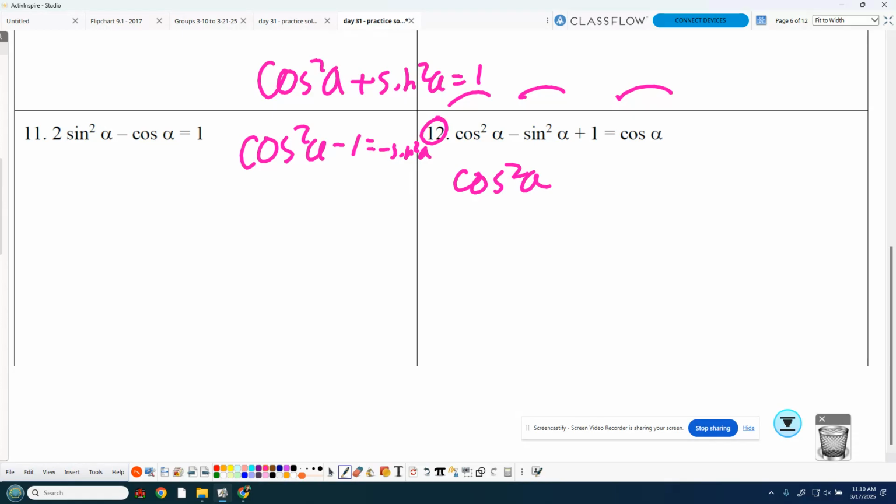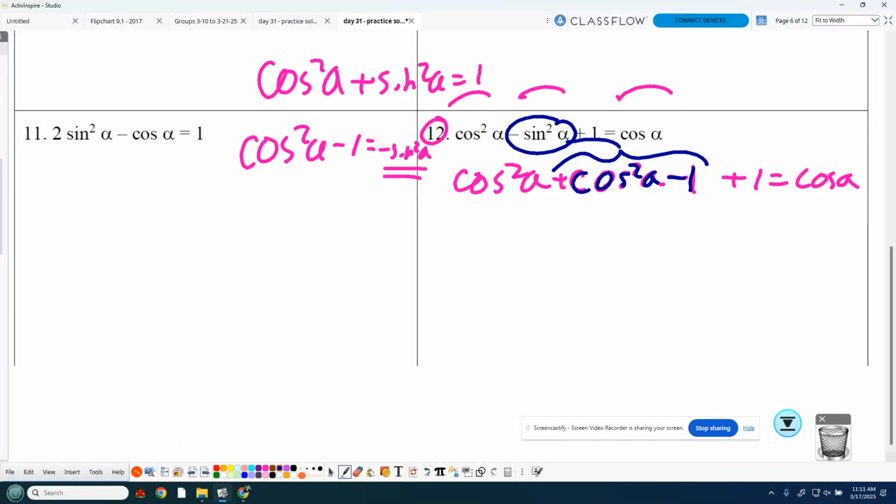So Ahmed, here's your start. Negative sine squared is cosine squared minus 1. Yes, no?